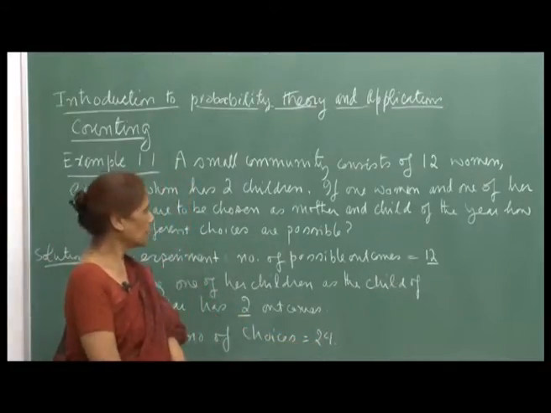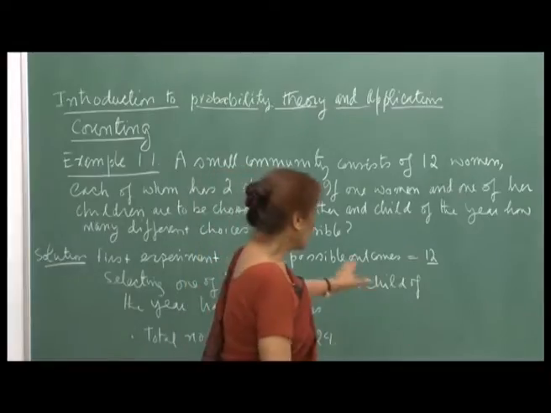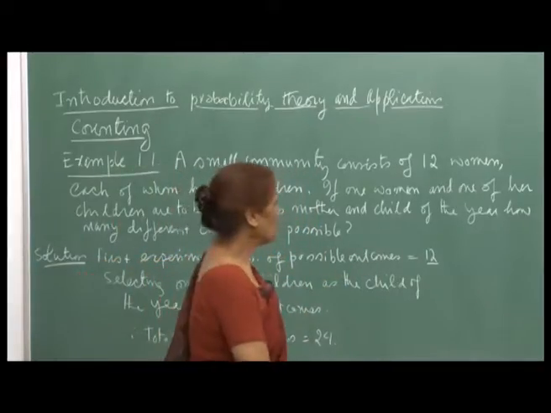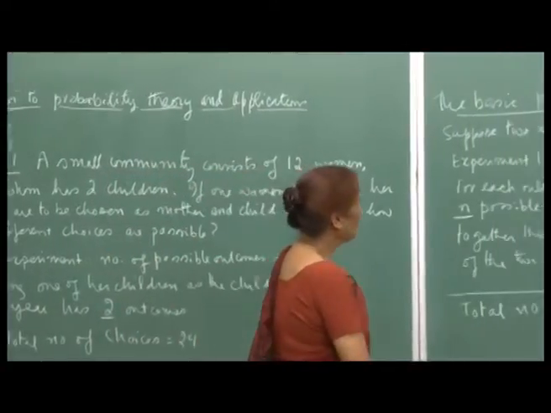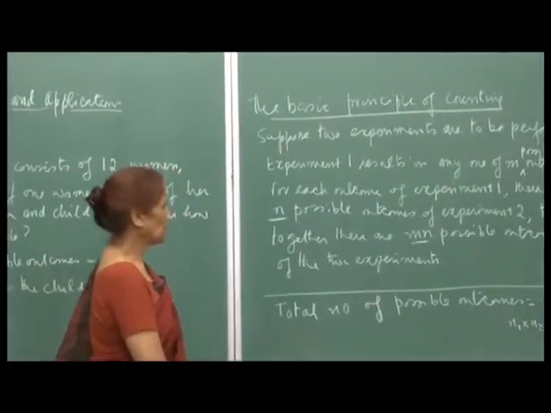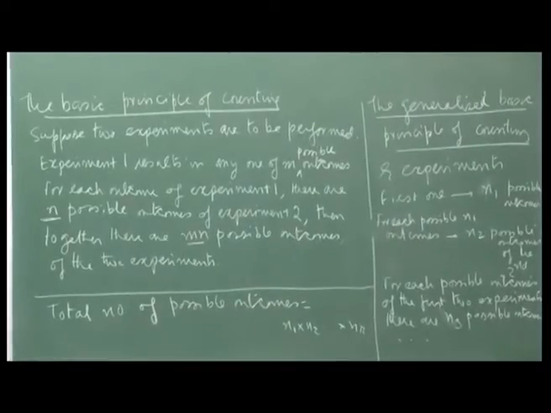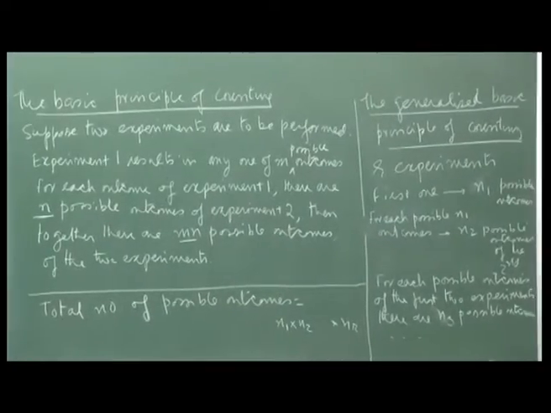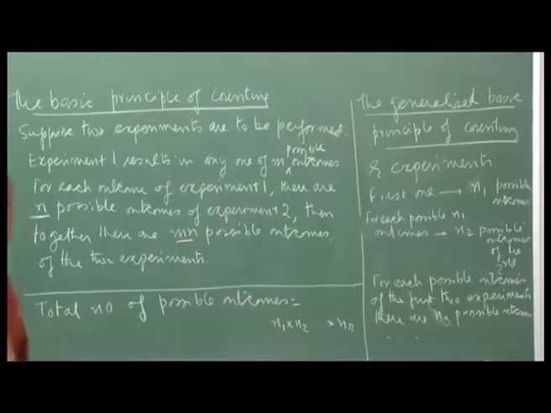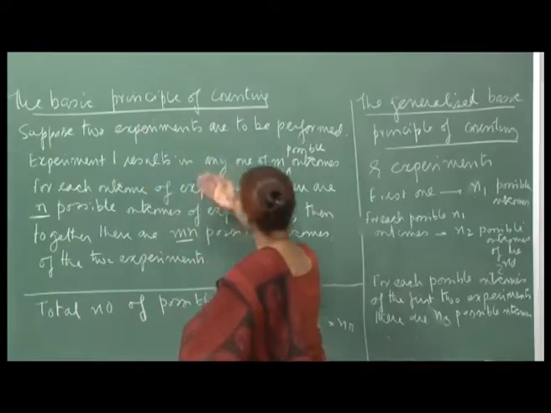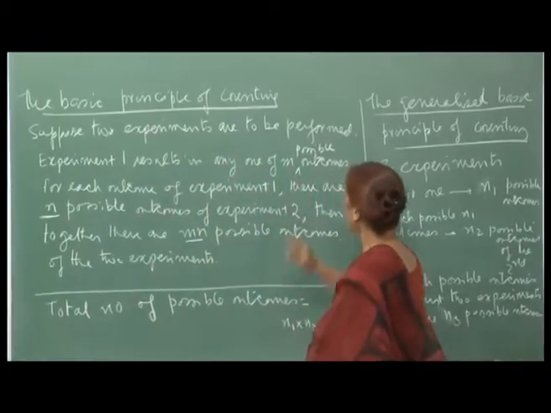Now, if I want to formulate this into the basic principle of counting, then the basic principle says that if there are 2 experiments to be performed, and experiment 1 results in any one of m possible outcomes. So, whatever my first experiment is, the possible outcomes of that event are m.